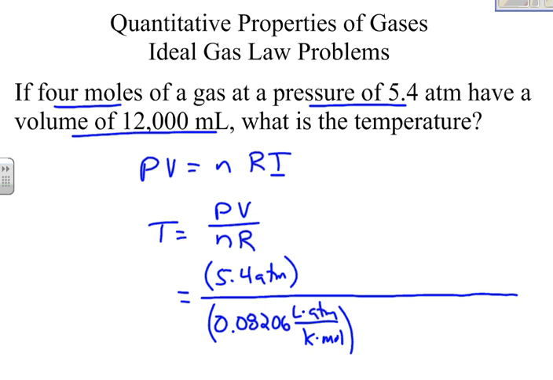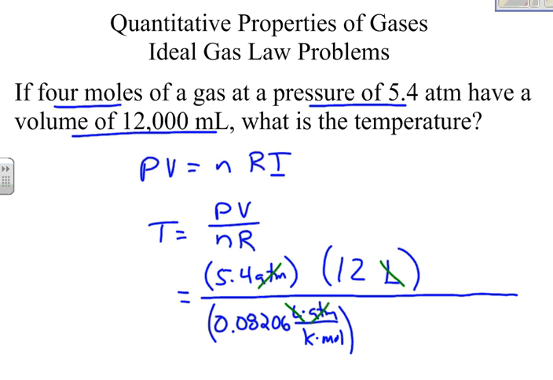Atmospheres is the right unit there, so those are going to cancel out when I do the math. My volume is in milliliters, so I need to convert to liters. We know 1,000 milliliters to 1 liter, so 12,000 milliliters would be 12 liters. And that makes our liters cancel out.